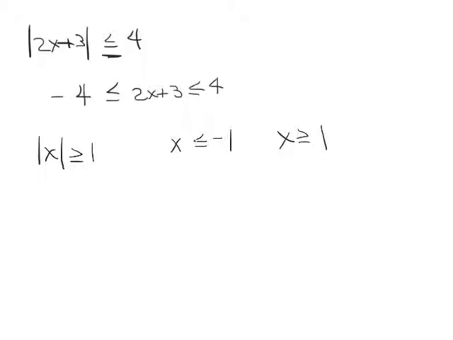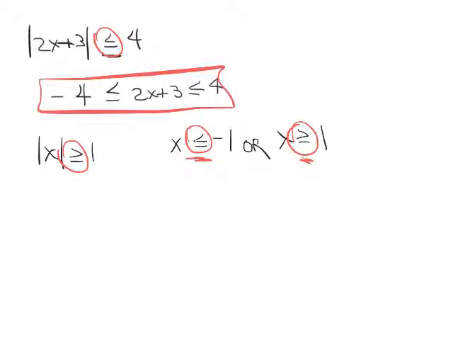So notice two things happen. I have an or here, and I also have a sign like that and a sign like that. Two different directions on my sign. So if this sign is a greater than or equal to sign, I've got a disjunction that's going to look like that. The less than or equal to sign, I've got a conjunction that is going to look similar to that. So let's try example 4 in the middle of page 242.